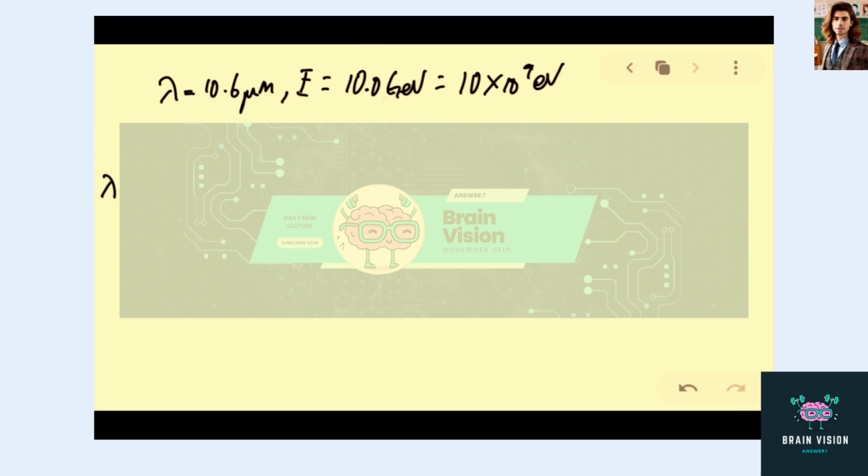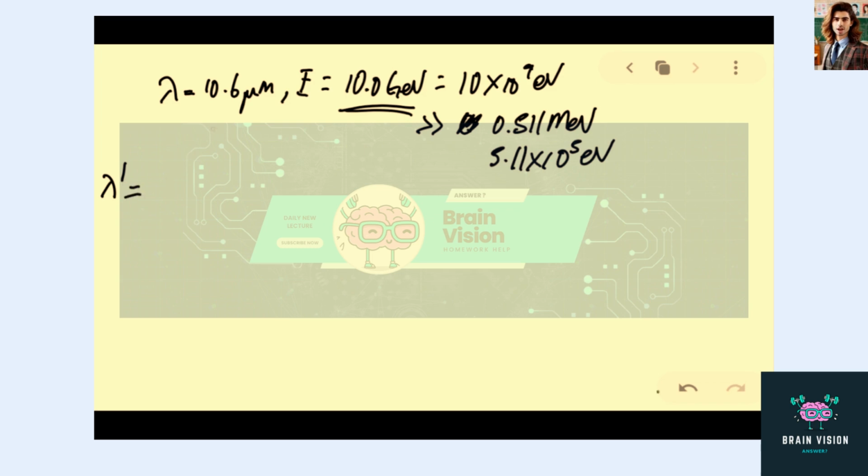Because this energy is much greater than the rest energy of the electron, which is 0.511 MeV, or 5.11 times 10 to the power 5 eV, the assumption that we made previously holds.